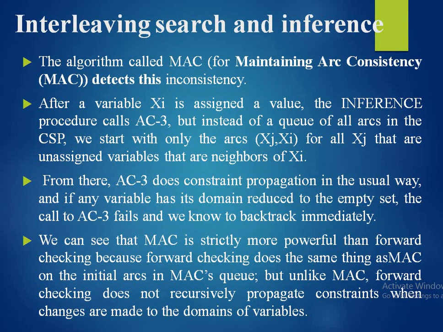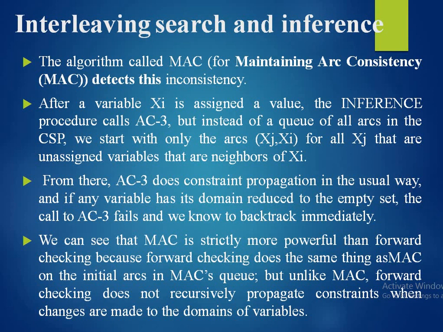The algorithm called MAC, for maintaining arc consistency, detects this inconsistency. After a variable Xi is assigned a value, the inference procedure calls AC3. But instead of a queue of all arcs in the CSP, we start with only the arcs (Xj, Xi) for all Xj that are unassigned variables that are neighbors of Xi.